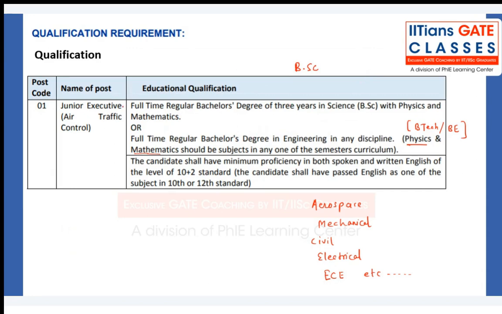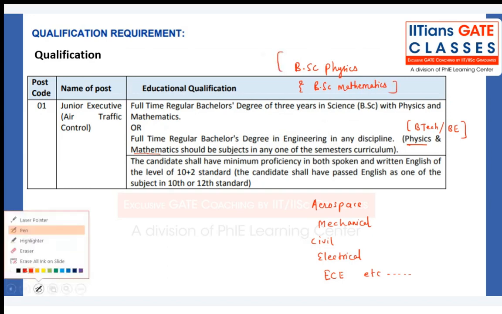So a full-time bachelor's degree of 3 years in science, that is BSc physics and BSc mathematics, they are eligible to apply. Those who have completed BSc Physics and BSc Mathematics are eligible to apply.